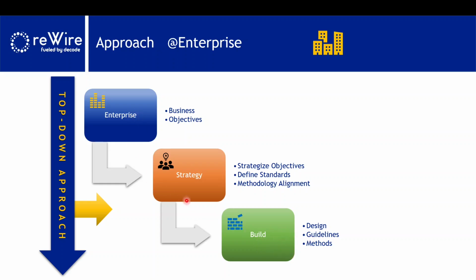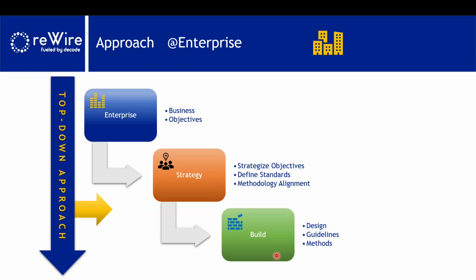This is the typical approach every enterprise will follow, but more or less they need to touch these three components. One is the enterprise level: their approach and strategy. Once they are clear on their objectives and strategy, you have to strategize and build those standards.